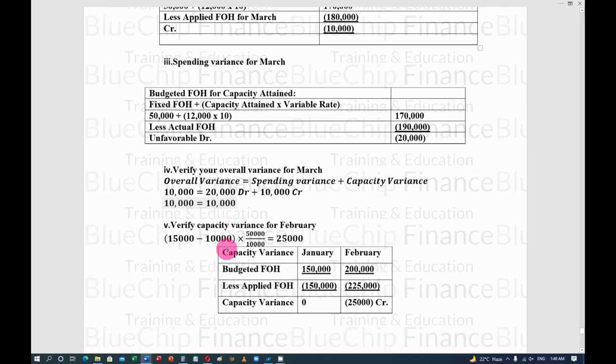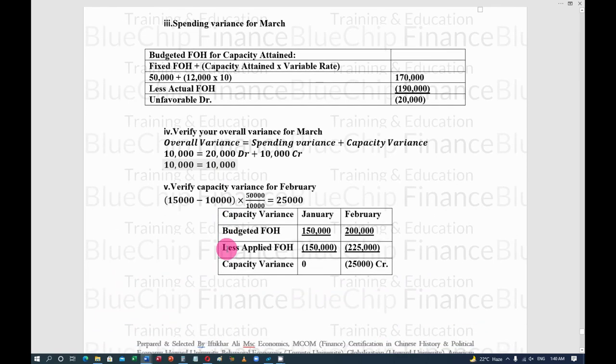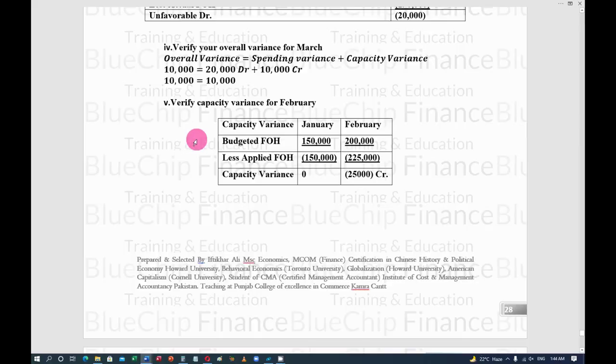Now verify the capacity variance for February: 15,000 minus 10,000 multiplied by 50,000 divided by 10,000 equals 25,000. There is no need for the longer calculation I discussed with you.